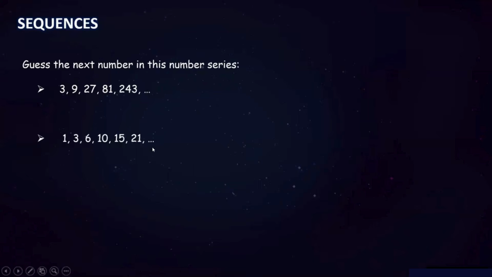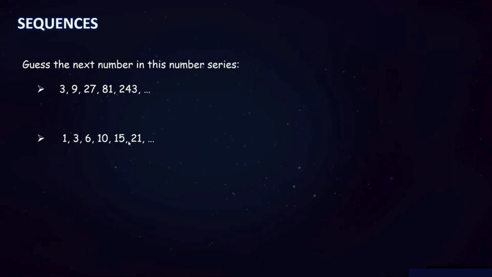Look at this. Can you expect what number comes next in this sequence? Look at all those numbers carefully. People are saying 28. Yes. I hope you understand: 1 plus 2 is 3, then 3 plus 3 is 6, then 6 plus 4.